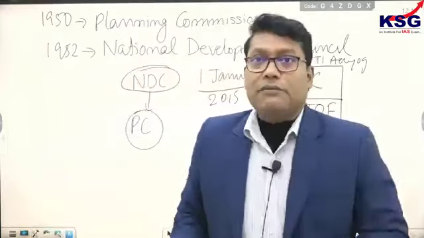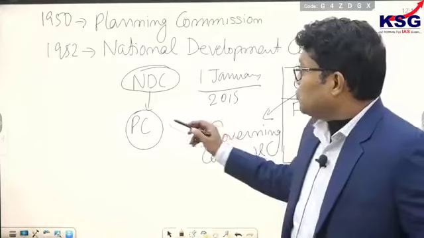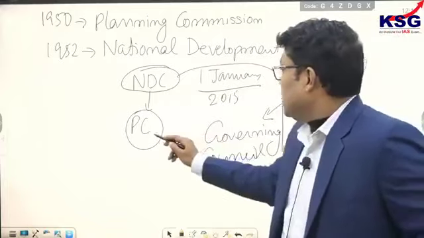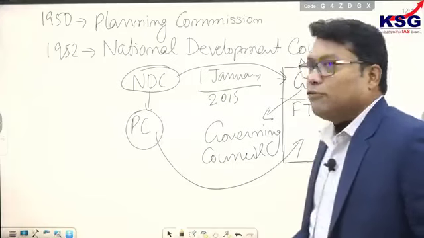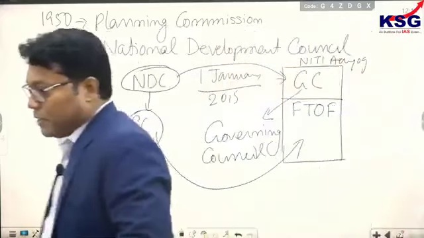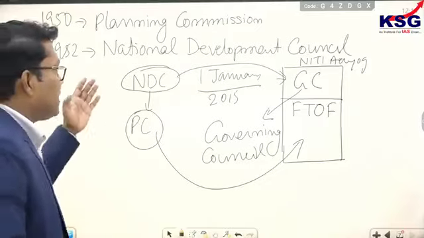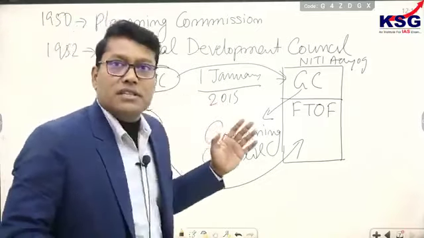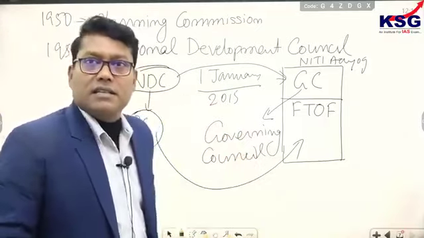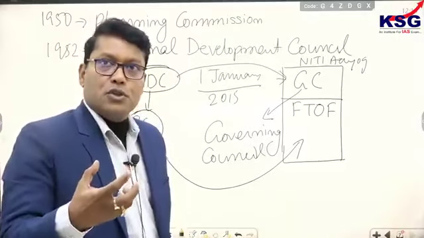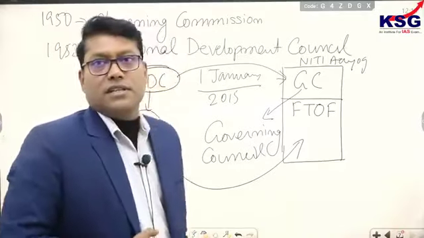But if you compare these two, you will get that the NDC is nothing but the governing council, and the Planning Commission is nothing but the full-time organizational framework. If you wanted, earlier it may have been possible to bring the changes within the same things, but the only concept is: let us bring a new mindset into the system so that they can work efficiently.